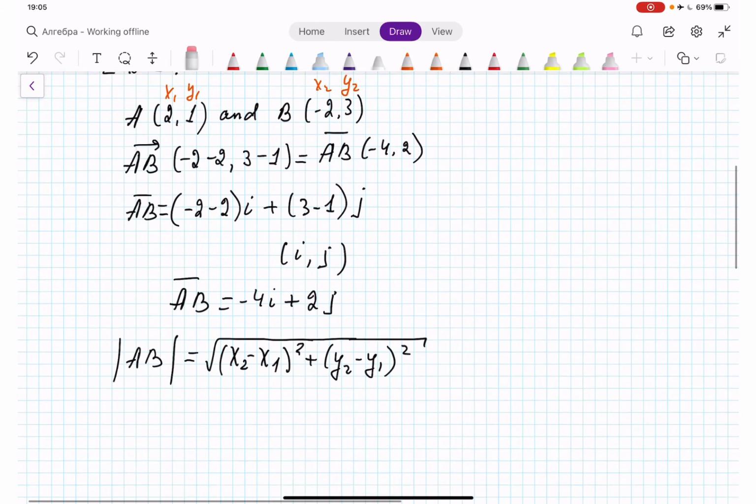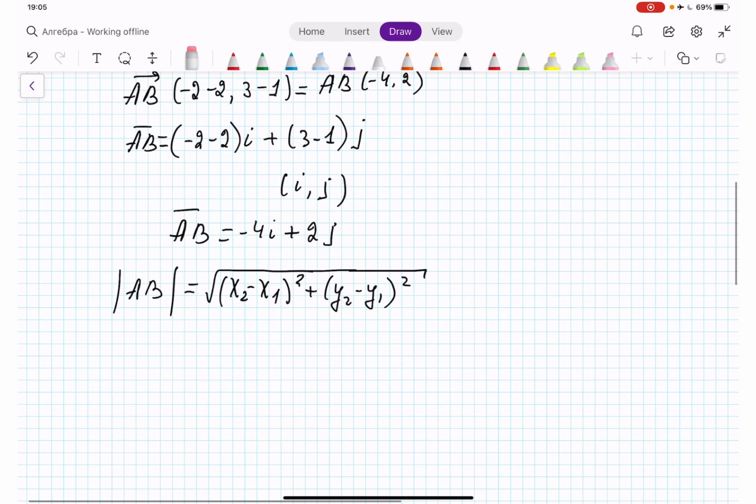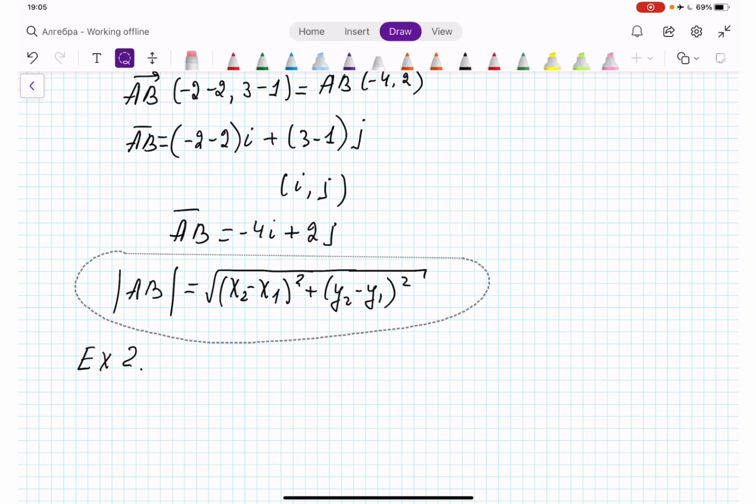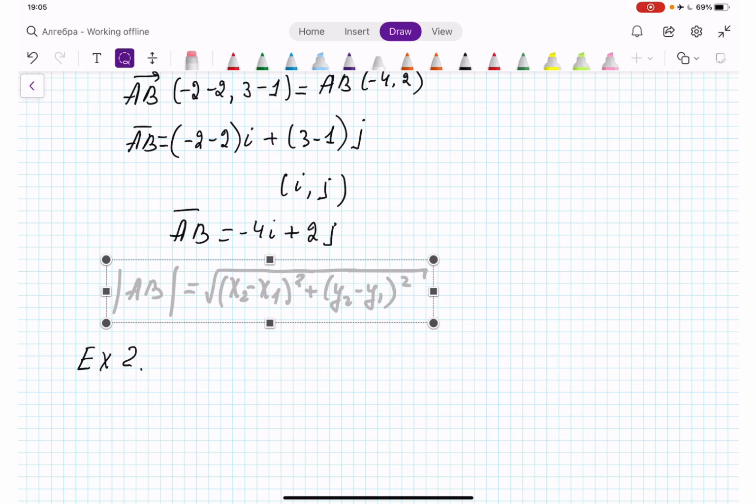Okay, let's do an example. How to find the length. Let me use red color because it's a formula.